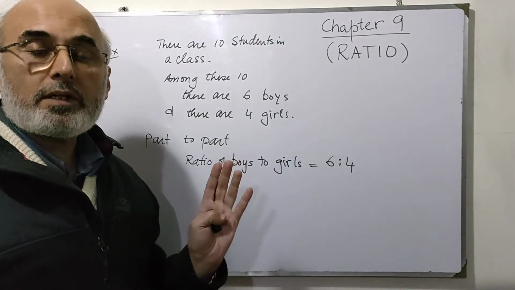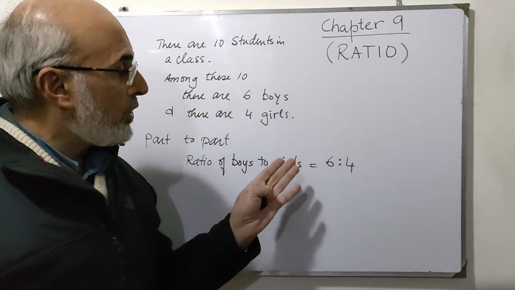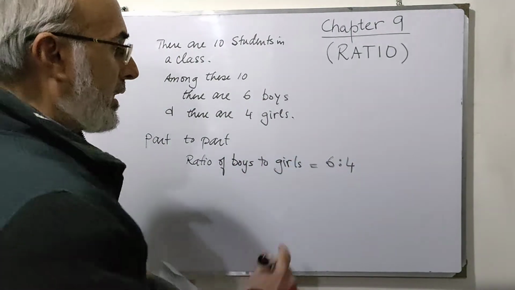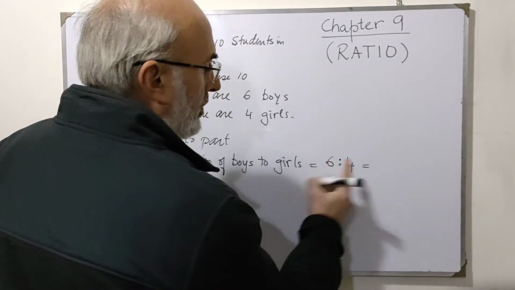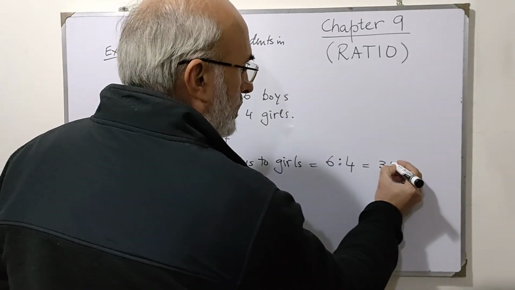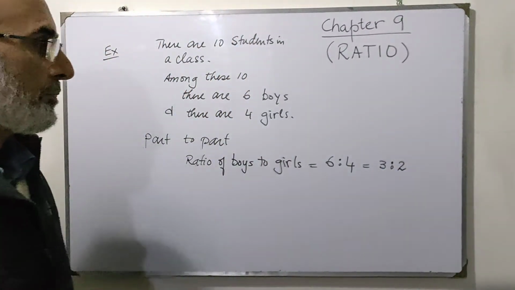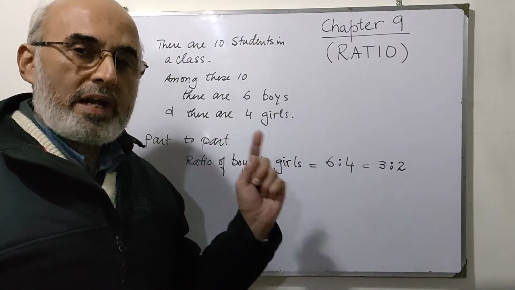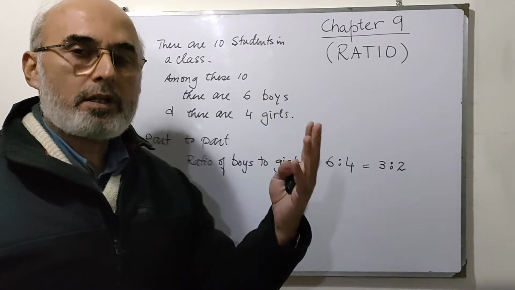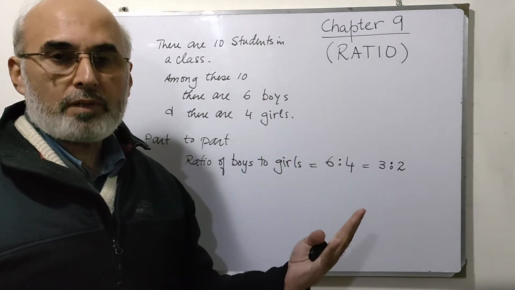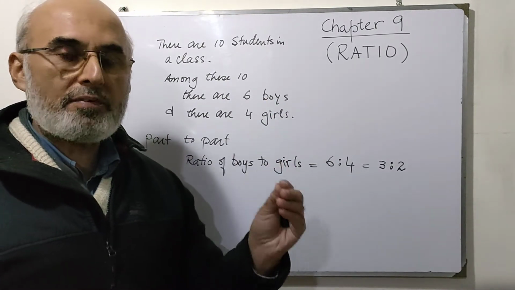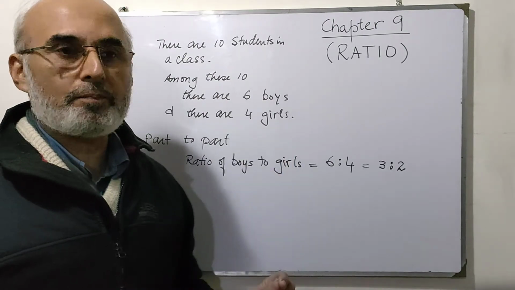Since we are talking about ratio, we'll further simplify it, and the simplification will be 3 is to 2. Okay? Whenever we are comparing ratios, the good thing is to simplify it to our lowest level.